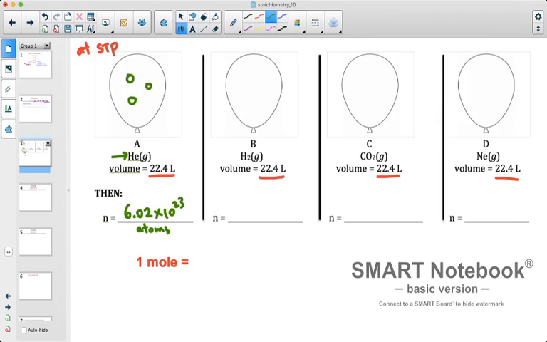When he filled a different balloon with a different gas, so now H2, which is a diatomic gas, he still noted that if he could see inside, the number of particles was still 6.02 times 10 to the 23. And in this case, it's molecules.